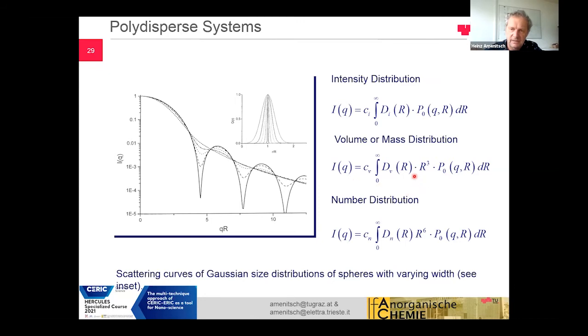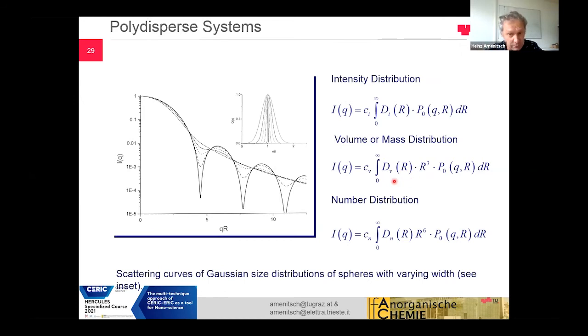So if you have two populations with a difference in size, the difference is about a factor of 1/8 in the intensity. If the concentration is the same for the large particles as for the small particles, the large particles are scattering 8 times stronger than the smaller particles.